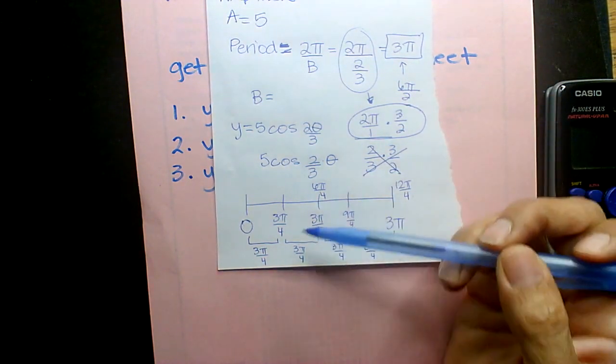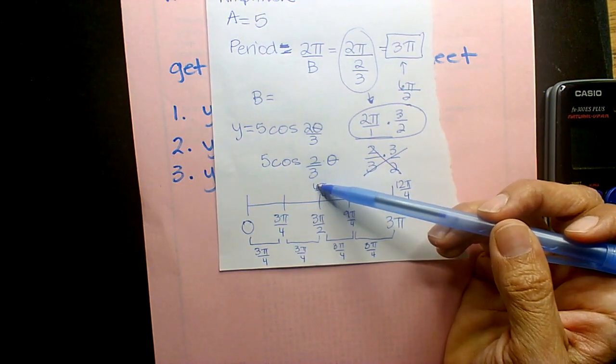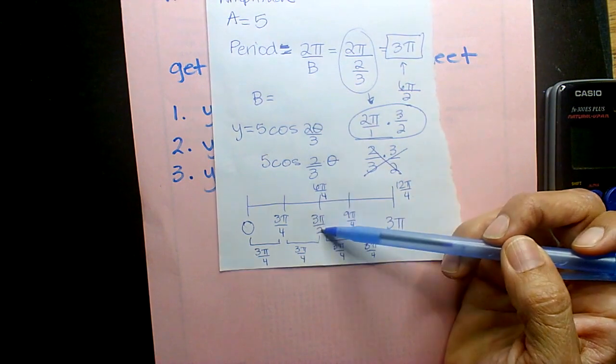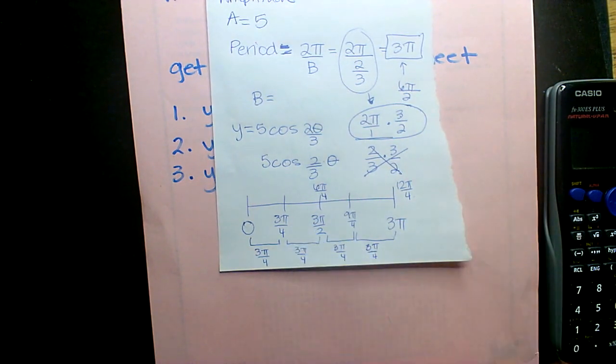And 6 pi over 4 reduces to 3 pi over 2. So once you get the first quarter, you can easily get the other 3 by adding 3 pi over 4, but really you're just adding to the numerator. If it was 2 pi, you would be adding 2 pi to each numerator.